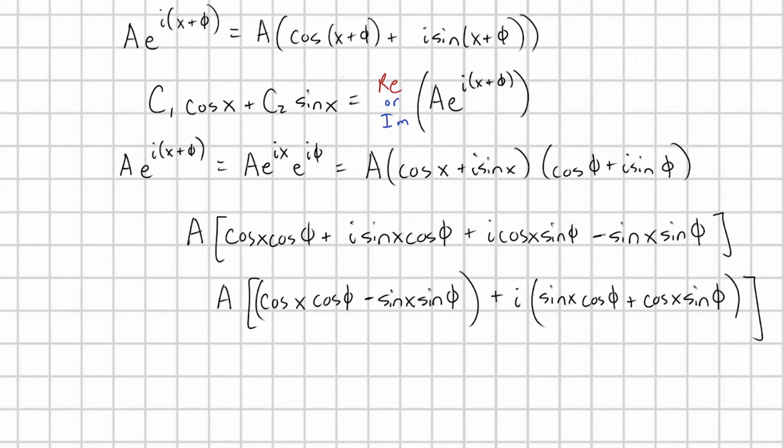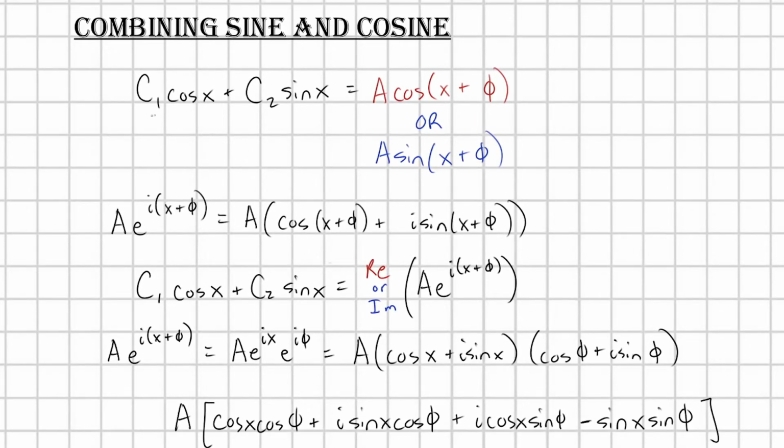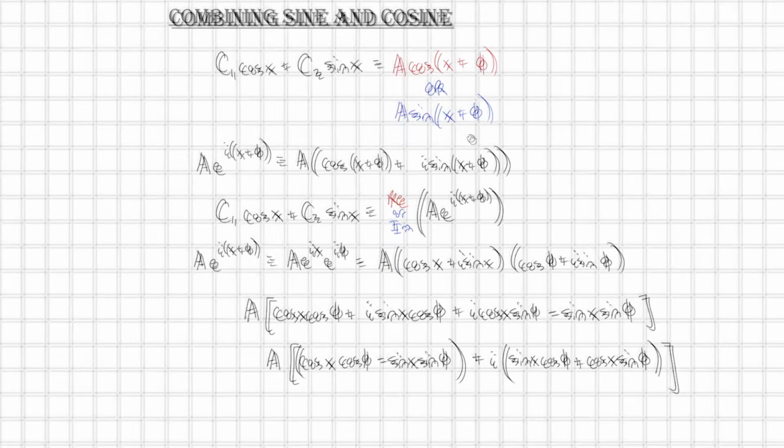And that's really, really powerful, right? Because we don't really want to compare, right? If I'm trying to identify information about C1 and C2, I don't want to compare apples, this cosine x and sine x, to oranges, x plus phi in here. No, no, no. We want to compare apples to apples, right?